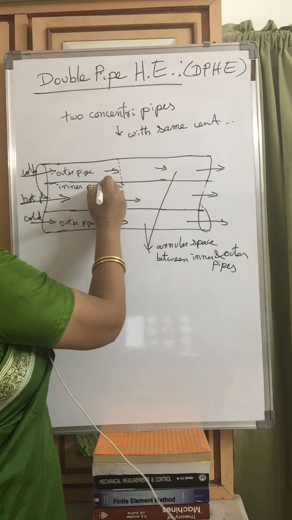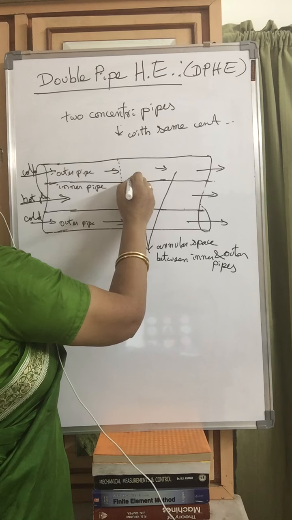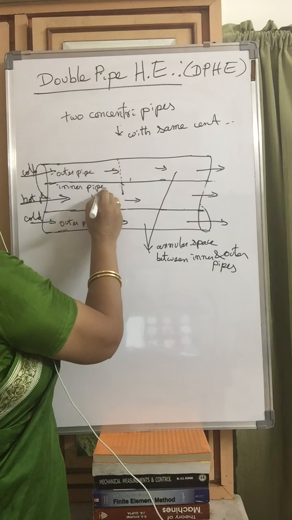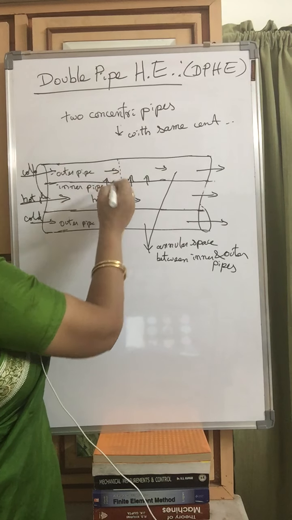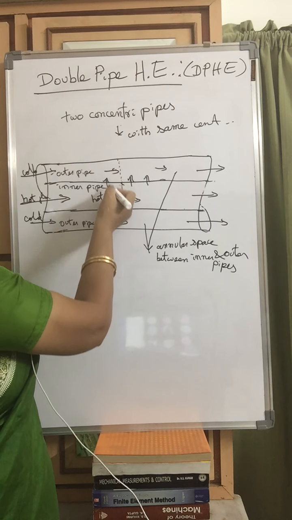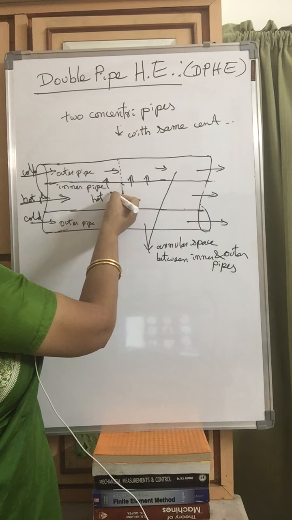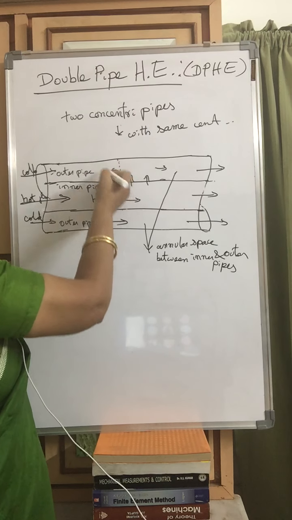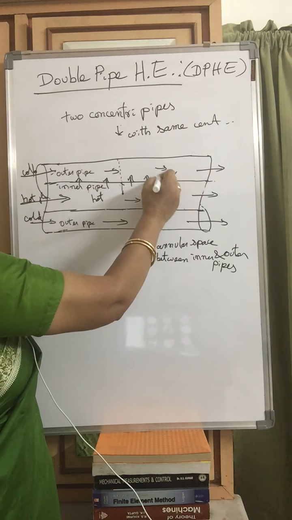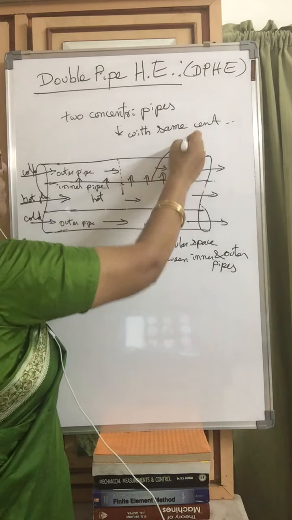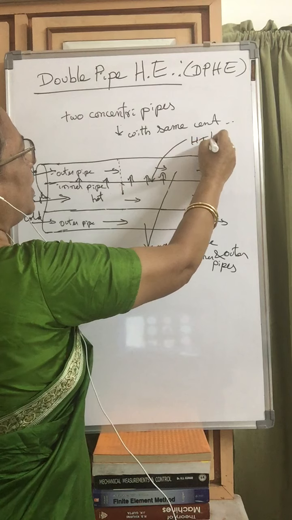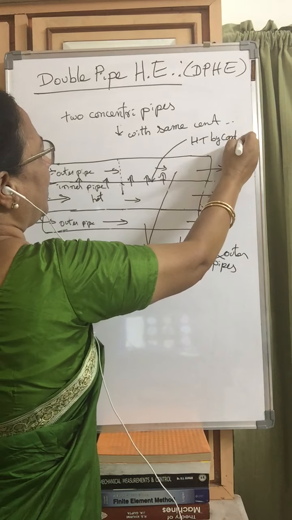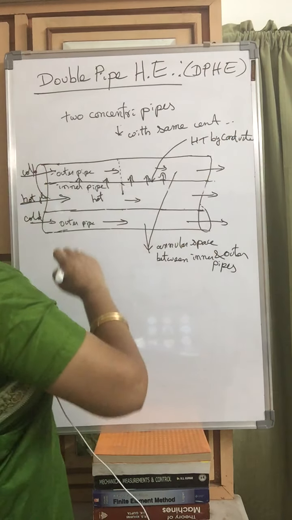Since the hot fluid is flowing here, this is the wall of the inner pipe. Then heat transfer takes place from inside of the inner pipe to the outside. Through this wall, heat transfer is by conduction.